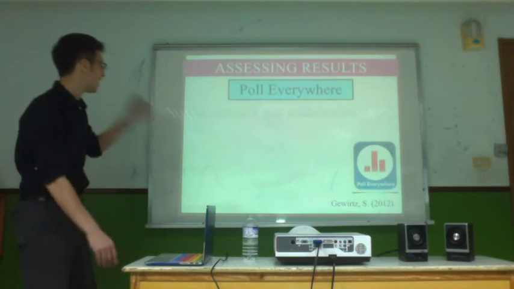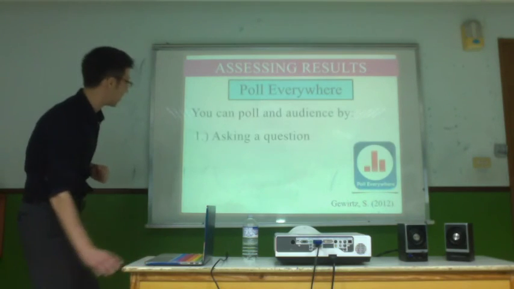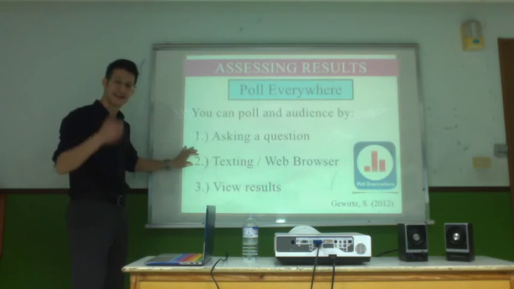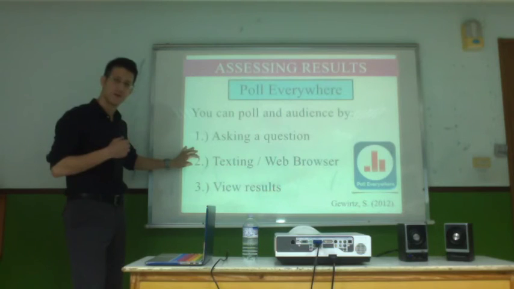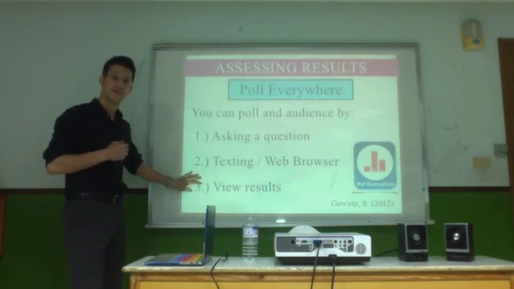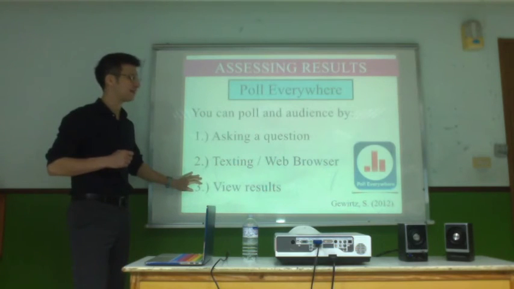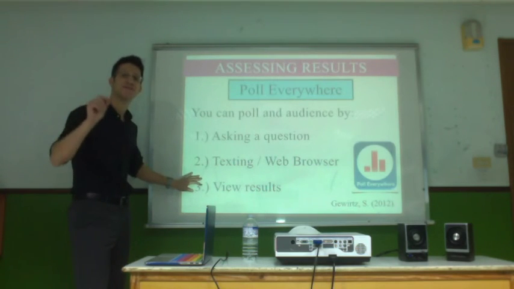So for example, you can poll by an audience. We have to ask a question first. You can text in the answer or use the web browser, and then we can view the results. Very powerful tool, and it's free.